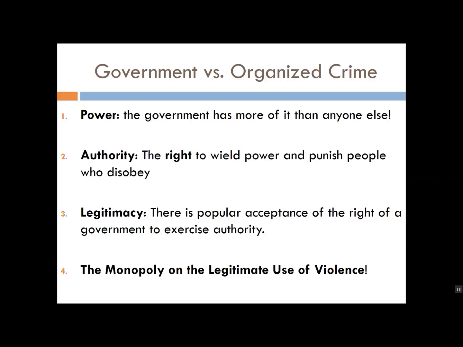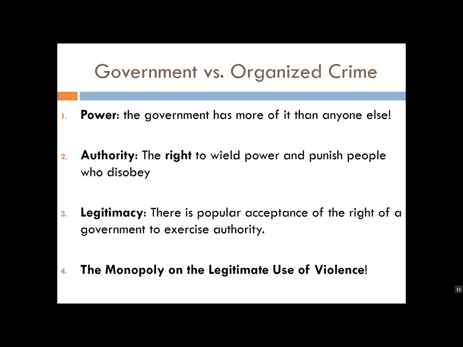You can't turn to the mafia for protection from government extortion in the same way that you could turn to the government for protection from mafia extortion. Why? Well, because when push comes to shove, the government has tanks and jets and nuclear bombs. In other words, it's a lot bigger, it's a lot tougher, it's a lot more powerful than the mafia.